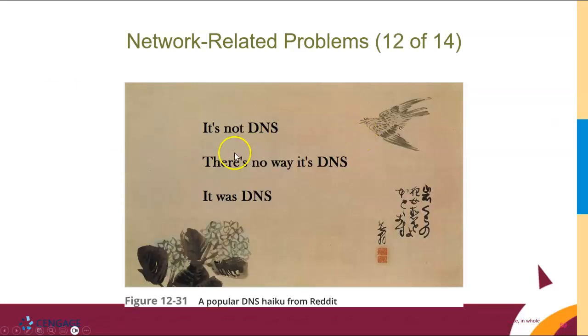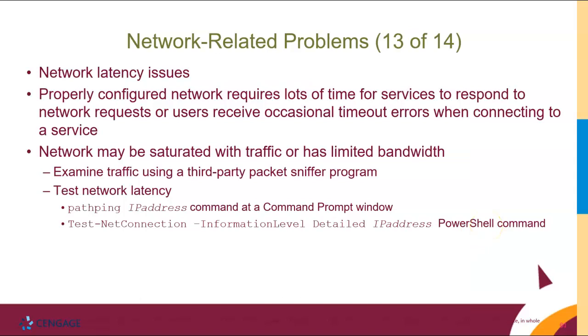And then here's a funny little image here. It's not DNS. There's no way it's DNS. It was DNS. So a lot of times DNS is the problem. There's some kind of misconfiguration in there, or it's having an issue or something like that. So a lot of times that is the issue.